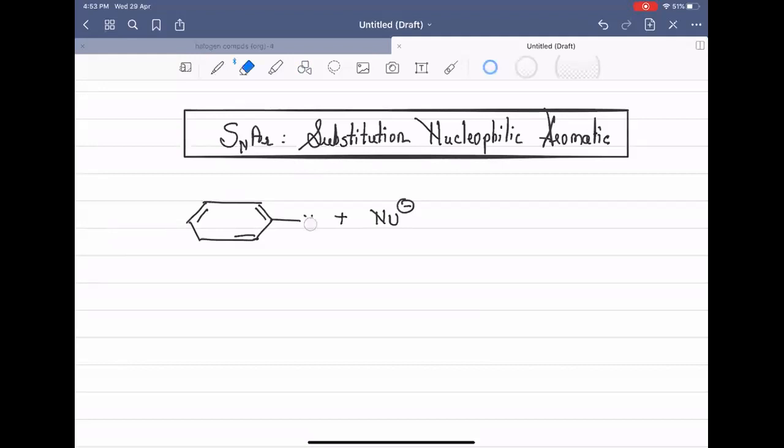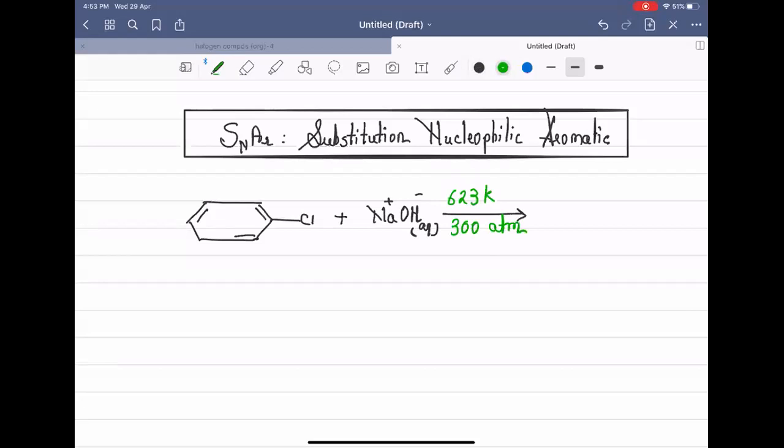So suppose I take chlorobenzene and suppose I take aqueous NaOH, where my nucleophile is OH. If I want to react, look at the conditions that I have to keep: 623 Kelvin temperature, 300 atm pressure, so difficult.